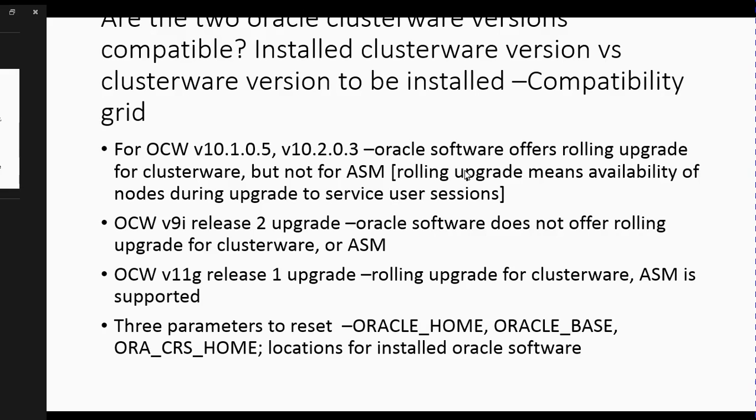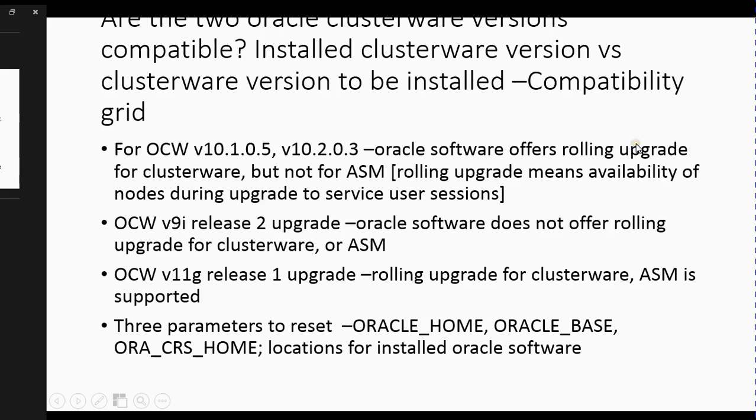With a rolling upgrade, the nodes are up and running, you can service user sessions, and availability, security, and recoverability are still provided to the users. But you also have a non-rolling upgrade, where you would have a complete shutdown of your RAC environment, with no servicing of user sessions.